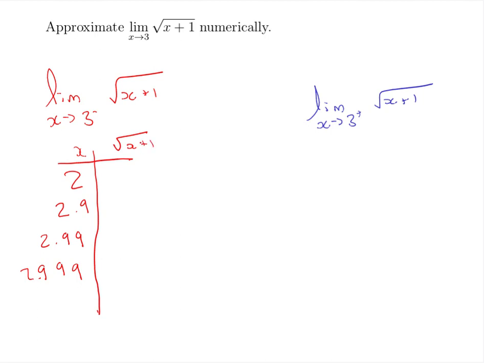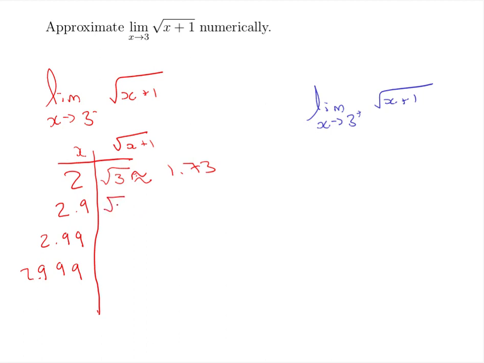Grab your graphing calculator, or just a calculator in general, and we'll see if we can plug these in. This one's pretty easy. It's the square root of 2 plus 1. So that's the square root of 3, which is approximately 1.73.